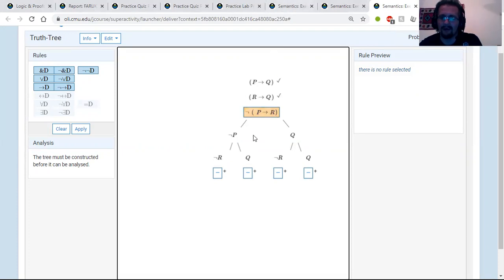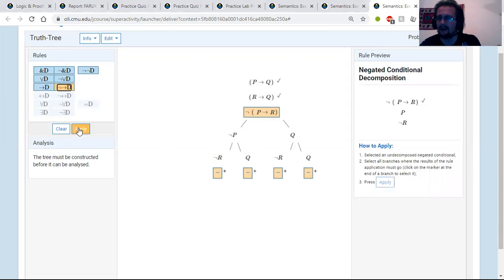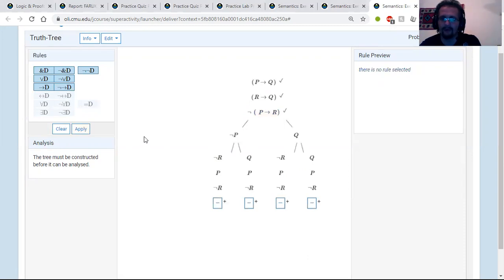All right, so all we have left is this negated conditional, and we want to take it apart on all 4 of the branches that we have. You click on the negated conditional deconstruction, and we hit the apply option. All right, let's take a look.